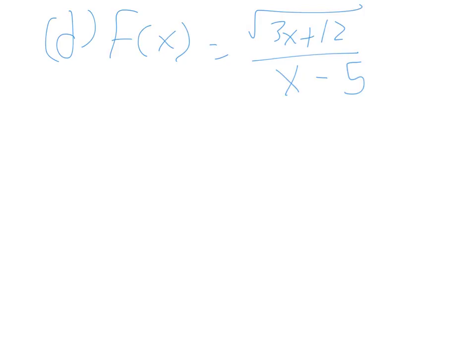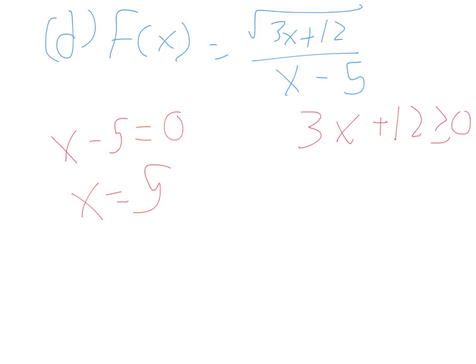And for the fourth one, we have both a rational expression and a radical. So you have to figure out which values make the denominator equal to 0, which would just be 5. Then you also figure out what values would keep the expression under the radical nonnegative.